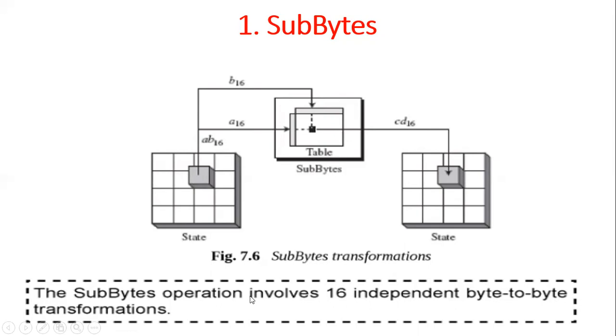The SubBytes operation involves 16 independent byte-to-byte transformations, hence a total of 128 bits. There are 16 bytes, so one by one, we check each byte and match it.